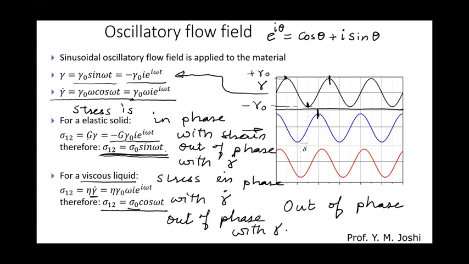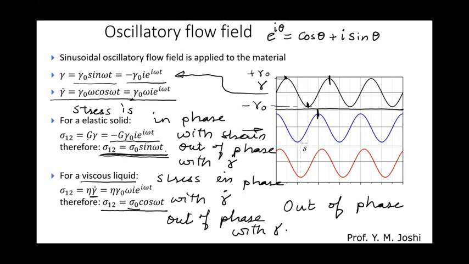All right, now what happens in case of viscoelastic material? We have been seeing this in our spring dashpot models, as well as various other very general linear viscoelastic expressions that we have obtained, that the behavior of viscoelastic material is in between perfectly elastic behavior and perfectly viscous behavior.